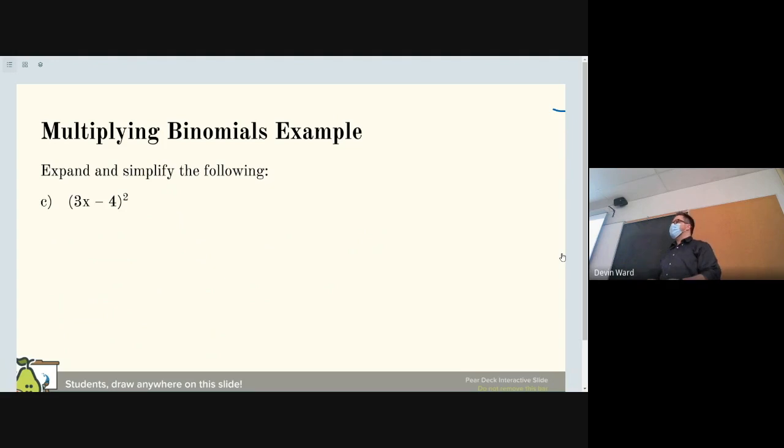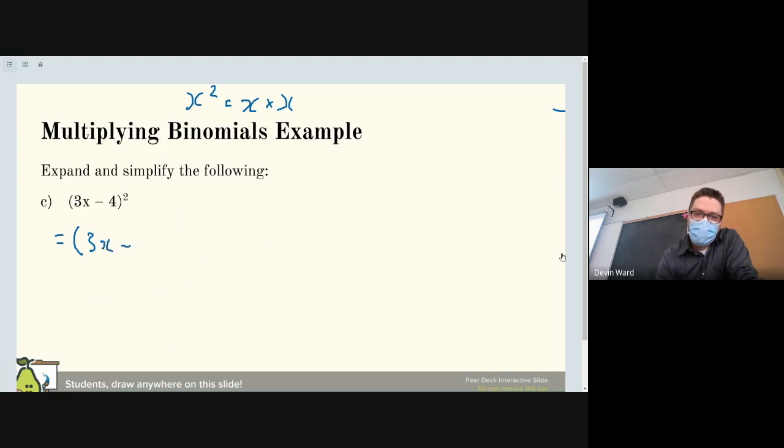Okay, so just like x squared is x times x, if we have 3x minus 4 squared, that's going to be 3x minus 4 times another 3x minus 4.